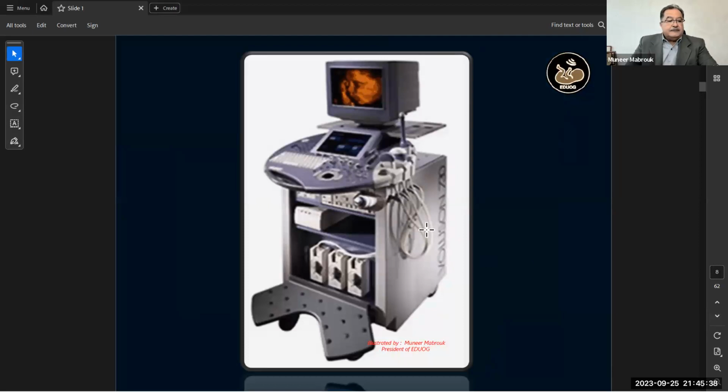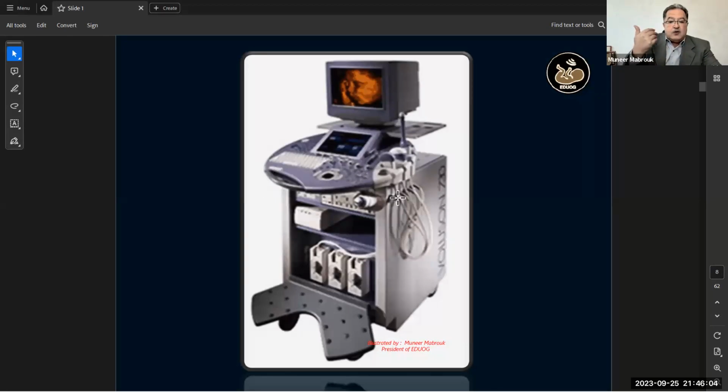And this is the machine. You send electricity through the cable to the transducer. The transducer, through its elements here in the head of the transducer, changes this electricity to mechanical energy, which is the waves or the sound, the ultrasound wave that goes to the tissue.